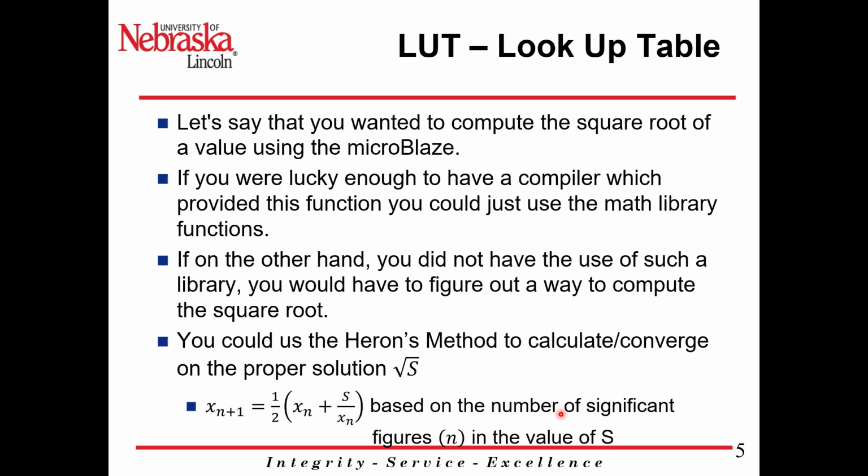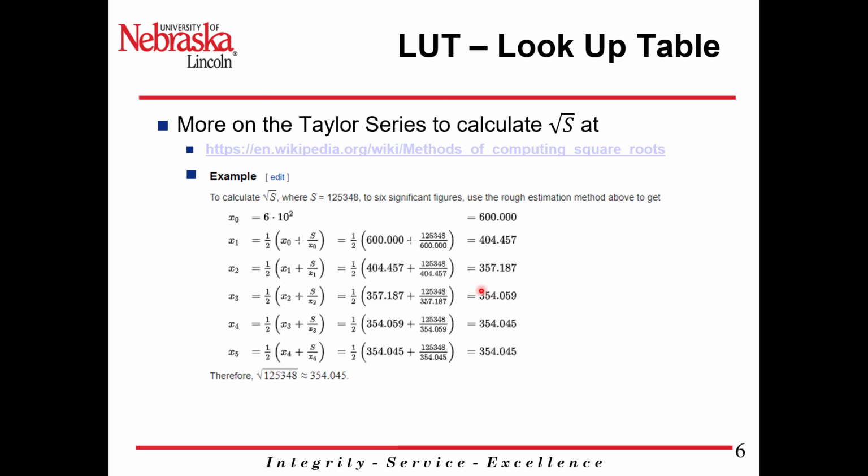And here's an example from Wikipedia on the Taylor series and Heron's method. Essentially, we start with this value of s, trying to figure out the square root of it, and we can continually guess and calculate the next guess value, plug it in, and eventually converge on the proper solution, or at least a good enough solution.